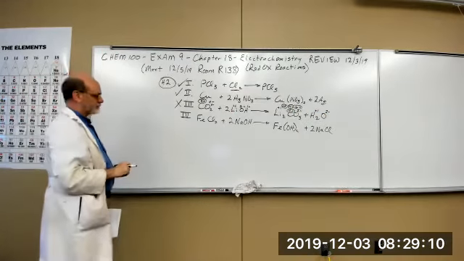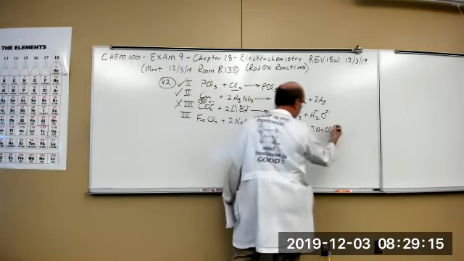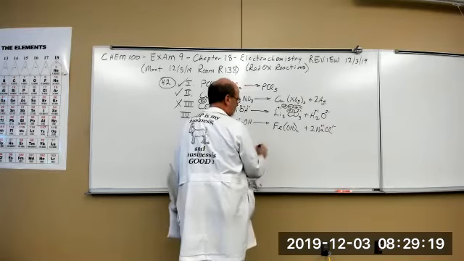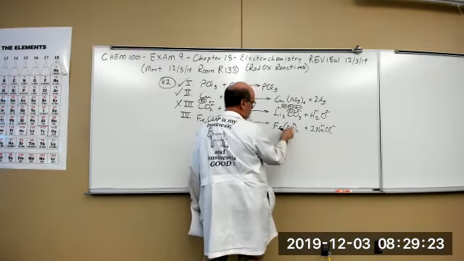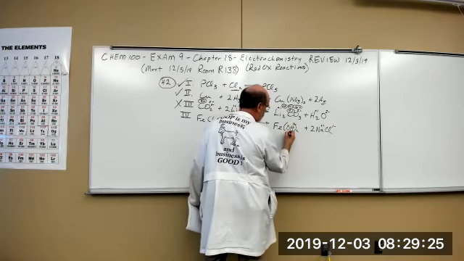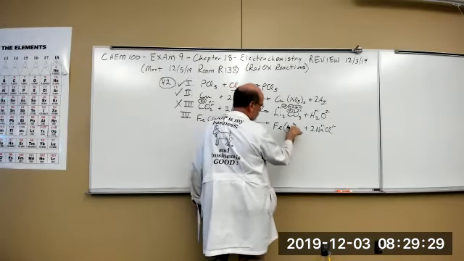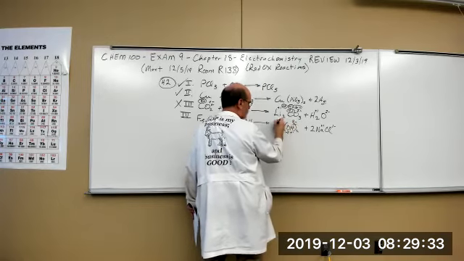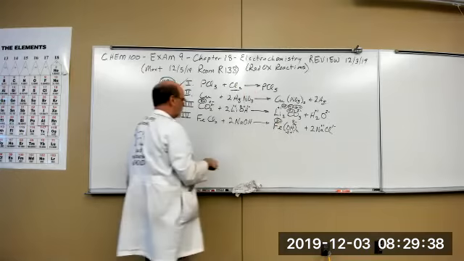Okay? Do the same thing with this one. Halogen, this is 1 minus plus 1. This is a minus 1 charge with a plus 1 here and a minus 2 there. But the minus charge for the hydroxyl means that you have 2 minuses there. So this is 2 plus for iron.